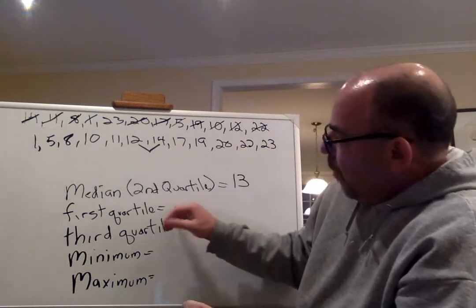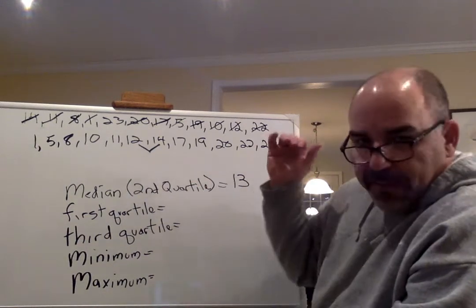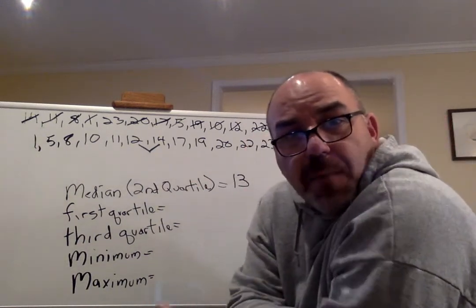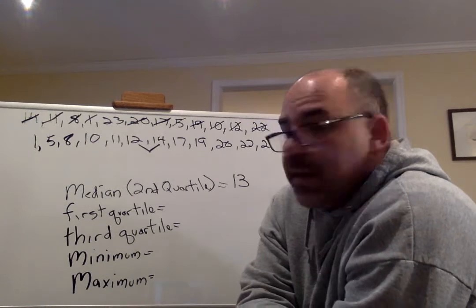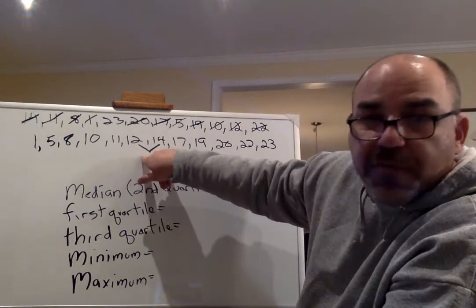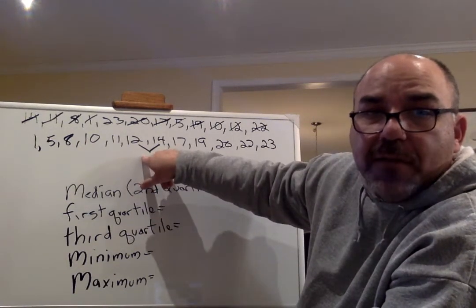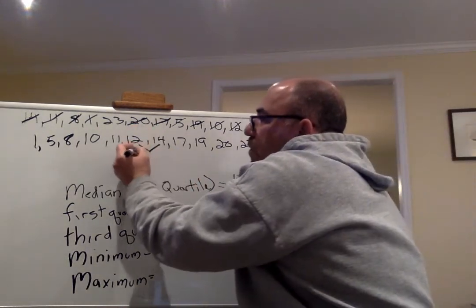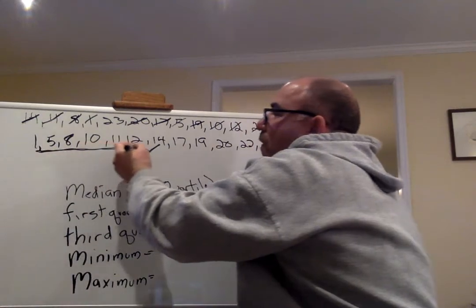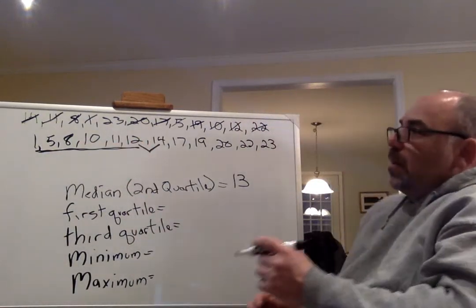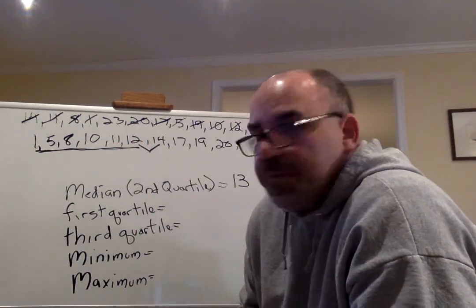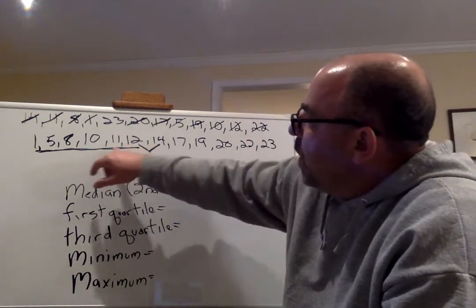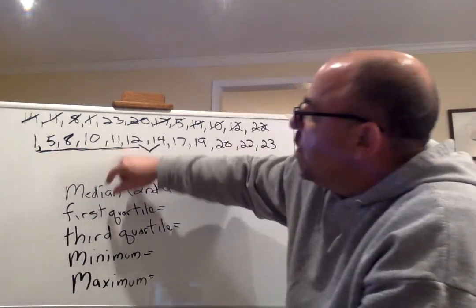Now, first quartile. In the last list, where we had an odd number, we did not include the median. But the median isn't written here. We had to find that by adding the two numbers together. So our first quartile is going to come from the first half of our numbers. Again, 12 numbers means we're figuring out the median of 6 numbers.